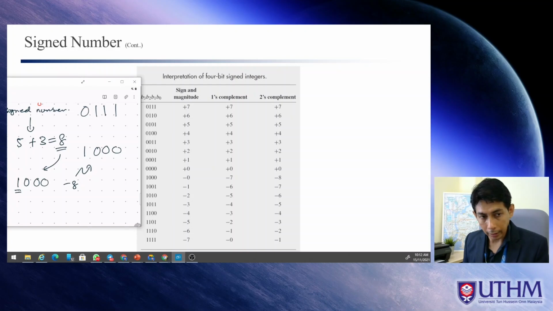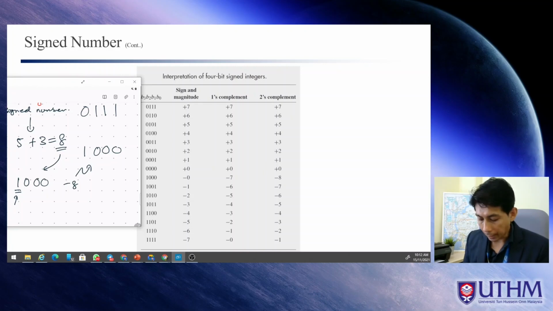But you can see that you cannot put this in a 4-bit system because this represents the sign bit already. It means that positive 8 cannot be fitted in the 4-bit system, right? You can see the maximum number that you can use is positive 7 only, meaning that you need a bigger system.